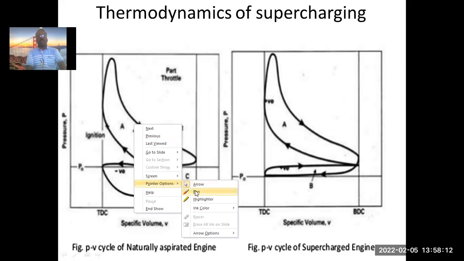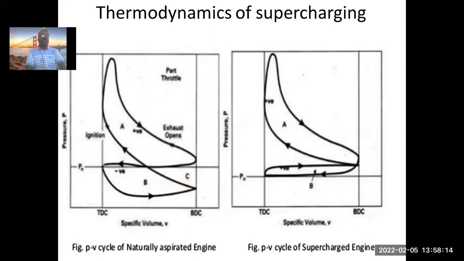Now you can see here, first we will try to explain this. This is your initial point 0. Now, this is your atmospheric pressure. Suction starts at atmospheric pressure, but what is required to suck the air? Negative pressure is required inside the combustion chamber. So that is where our pressure is becoming lesser than atmospheric for suction to happen.